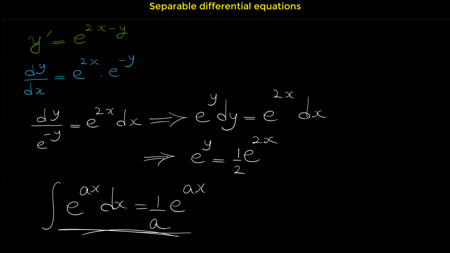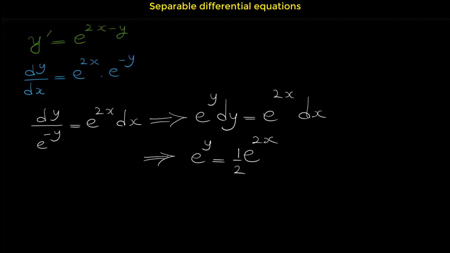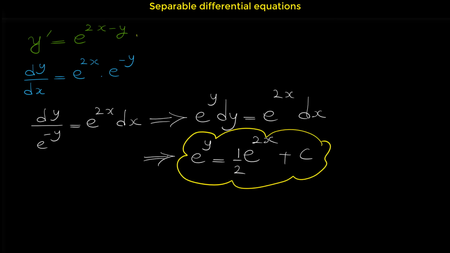Based on this formula, the integral of e to the 2x is 1/2 e to the 2x. And don't forget to add c to one side of the solution. So this is the general solution of this differential equation.